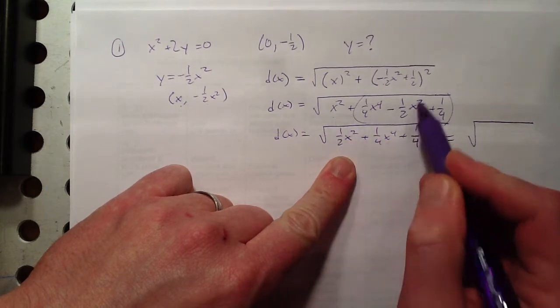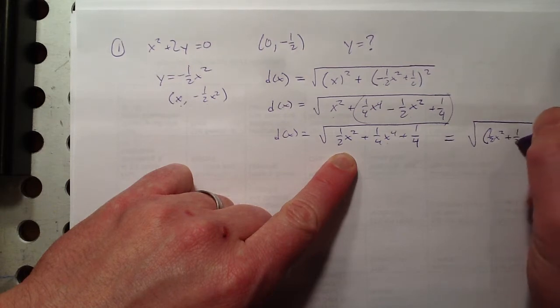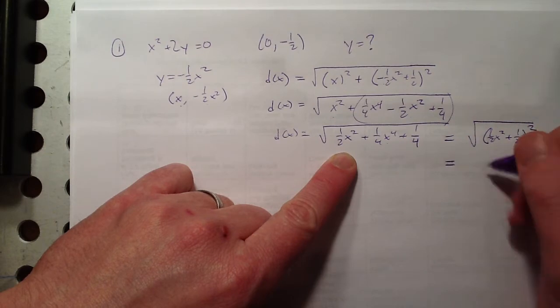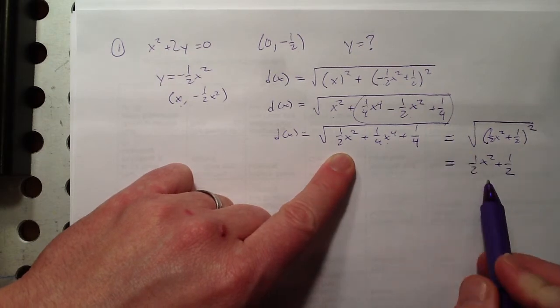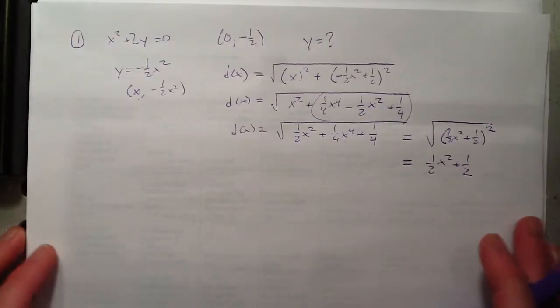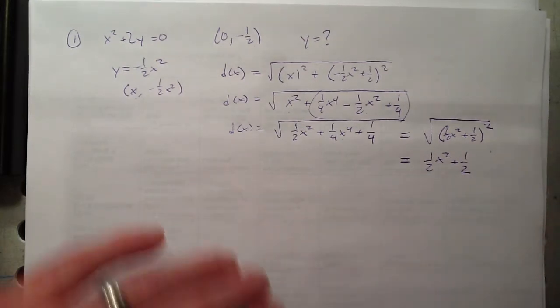When you add the x squared, it just changes the sign of the middle. That's 1/2 x squared plus 1/2 squared. That's the fastest way to get there. But let's pretend we didn't see that.